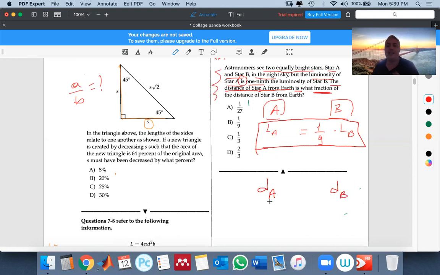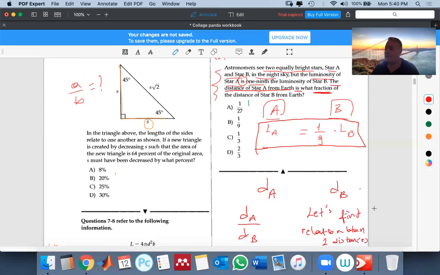It says dA is what fraction of dB? It means what is dA over dB? Or first, let's find the relation between the two distances.